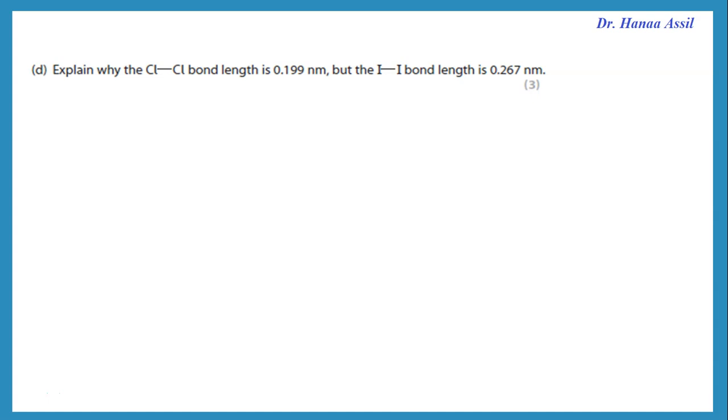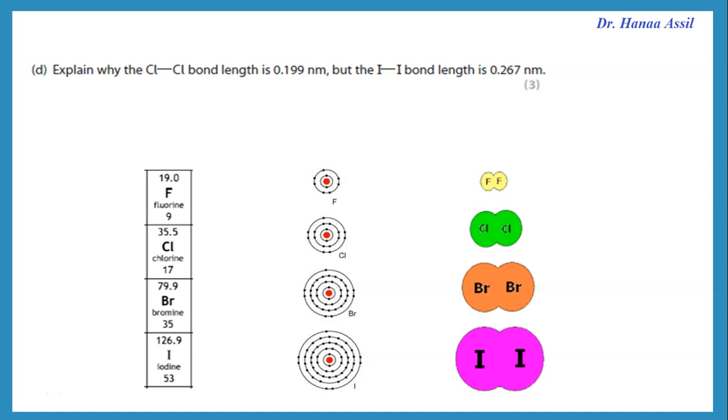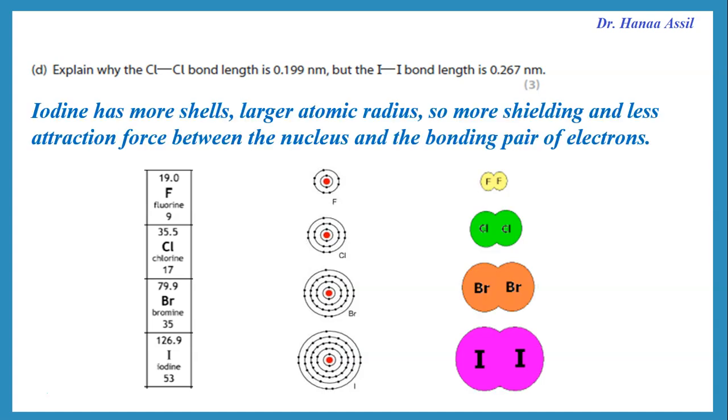Explain why the Cl-Cl bond length is 0.199, while the I-I bond length is 0.267. Obviously, the length of the bond between iodine and another iodine is bigger than the length between one chlorine and another. What is bond length? You should realize that bond length is the distance between the two nuclei.